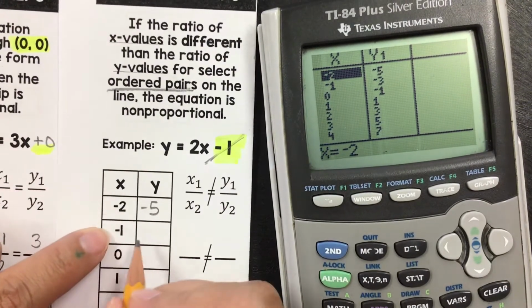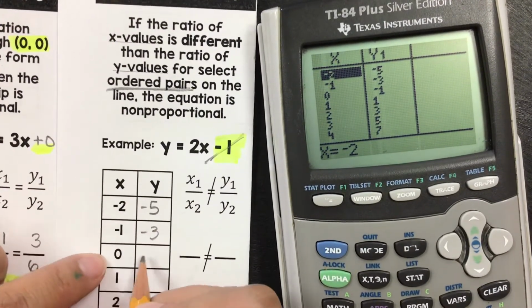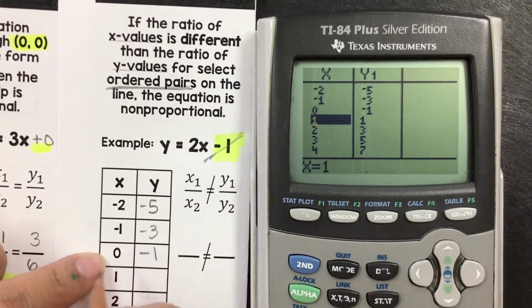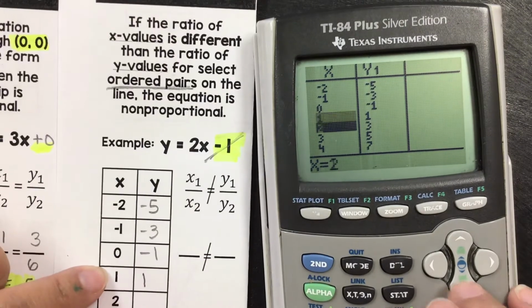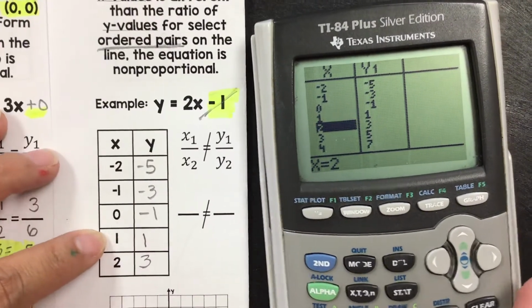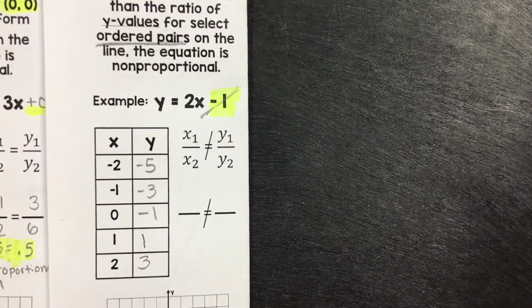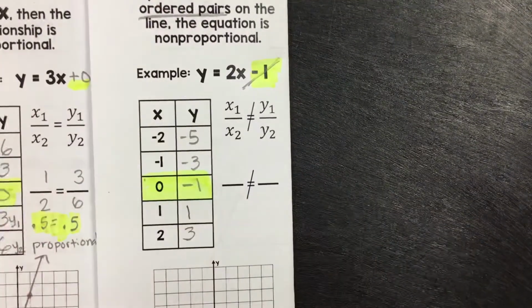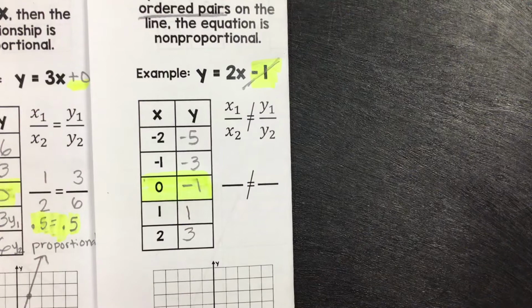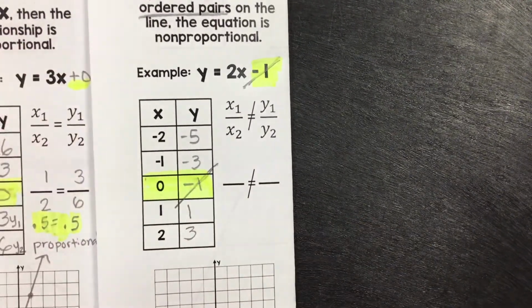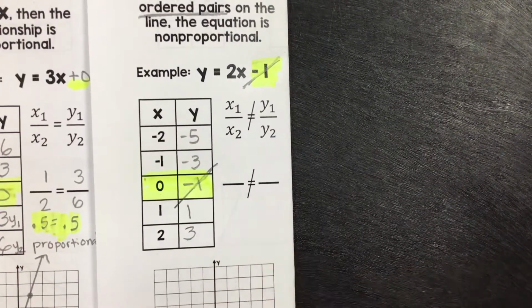At the negative 1, it's negative 3. 0, negative 1. 1, 1. 2, 3. This right here is enough to tell you that it does not go through the 0, 0. Like I mentioned before, to make the difference between proportional and non-proportional, I'm just going to mark it out.